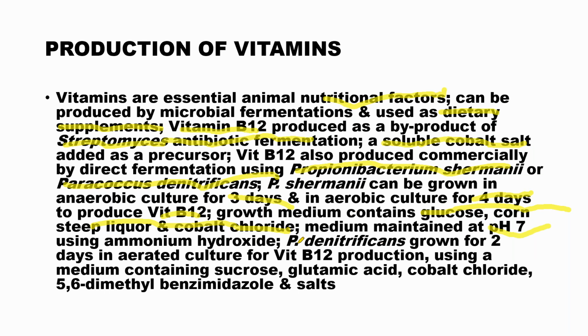Then Paracoccus denitrificans is grown for 2 days in aerated culture for vitamin B12 production using a medium containing sucrose, glutamic acid, cobalt chloride, 5,6-dimethylbenzimidazole, and salt. So these are the media composition, pH condition, and aeration condition required for production of vitamin B12 using 2 different bacterial strains.